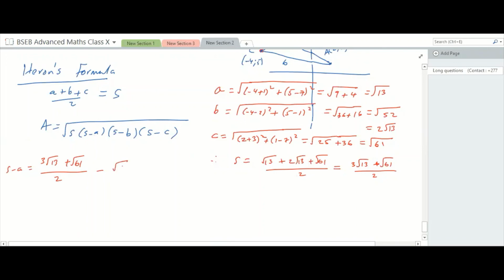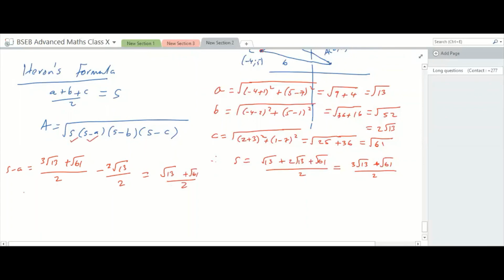Root 13. I like to write it as 2 root 13 over 2, same denominator, which is equal to root 13 plus square root of 61 over 2. That's what S minus A is.